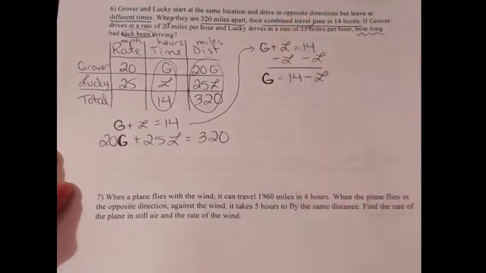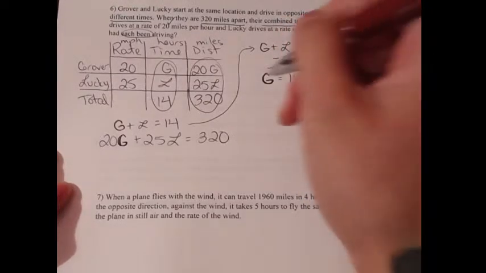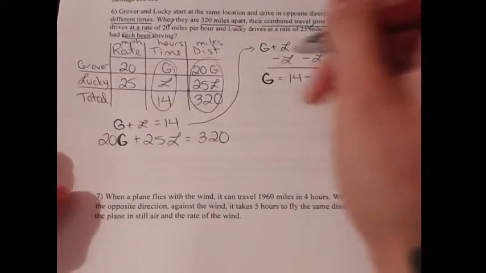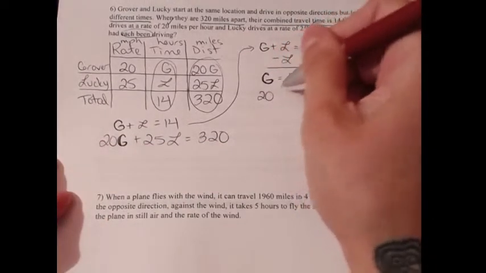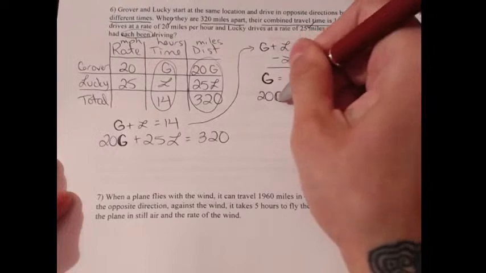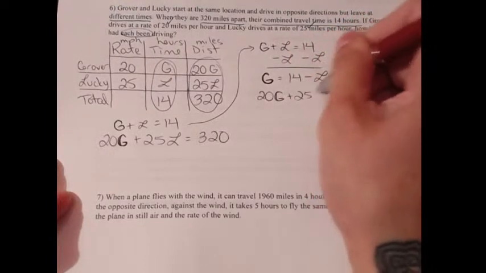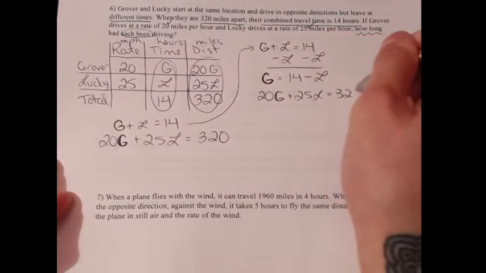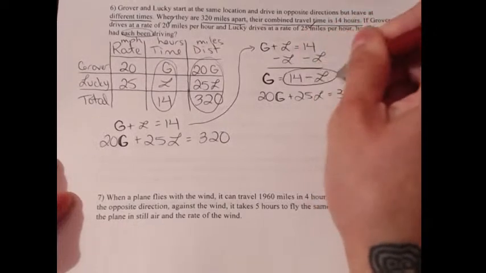Having said that, we are now ready to make a substitution. So I'm going to rewrite the second equation, 20G plus 25L is equal to 320, and I'm going to make this direct substitution.